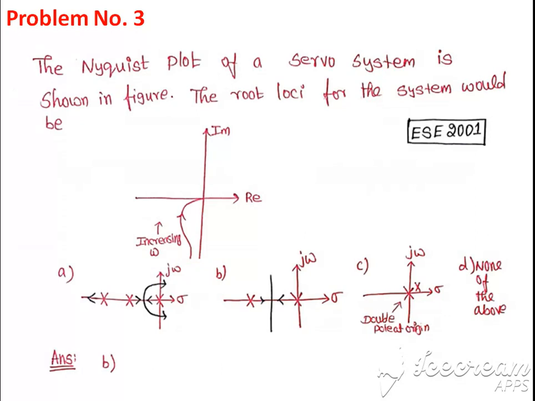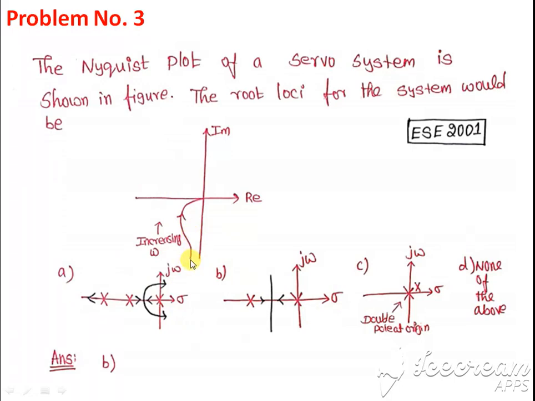Problem 3, the Nyquist plot of a servo system is shown in the figure. The root loci for the system would be, so here the Nyquist plot is given and we need to identify the root locus plot.